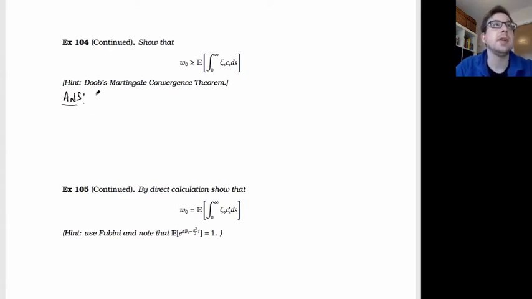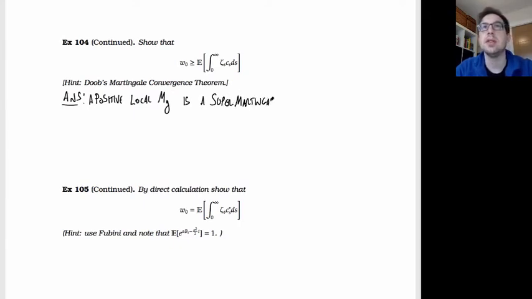Alright, so we're going to end up with that. Remember that a positive local martingale is indeed a super martingale. You should have learnt that from your stochastic integration course. And you'll also learn from a martingales course about Doob's martingale convergence theorem, or alternatively the optional stopping theorem in the positive super martingale case.